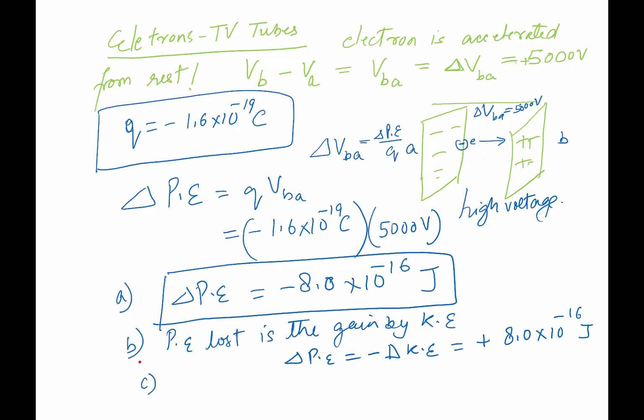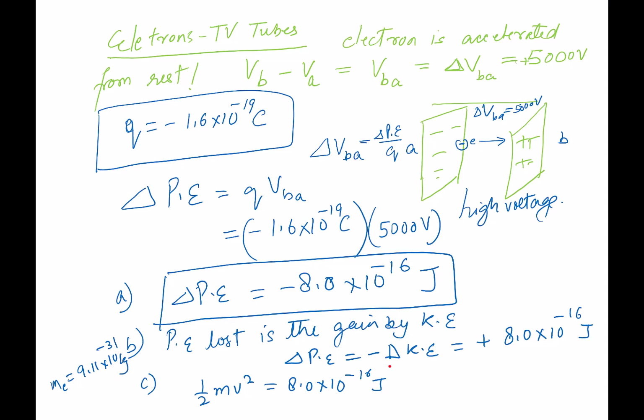And similarly, if we are asked to find out the speed of these electrons, so if this electron now moved to the other plate, we can find out the electron KE is 1/2 mv squared, and the speed will be given by kinetic energy, and KE is equivalent to 8.0 times 10 to the power of minus 16 joules. The mass of the electron is 9.11 times 10 to the power of minus 31 kg.